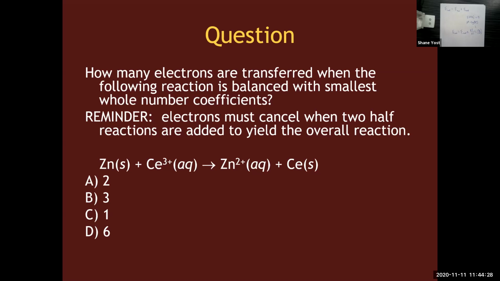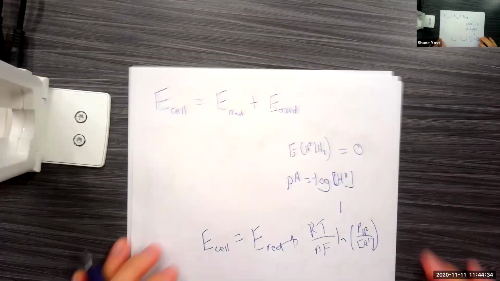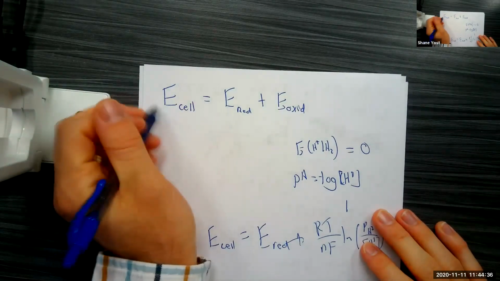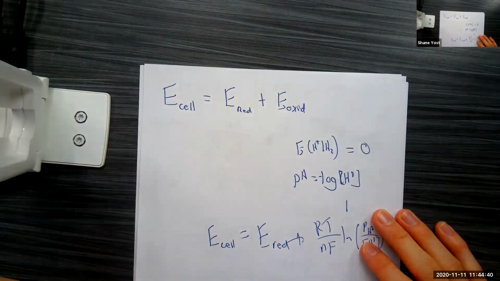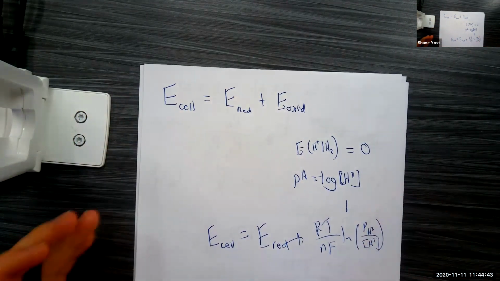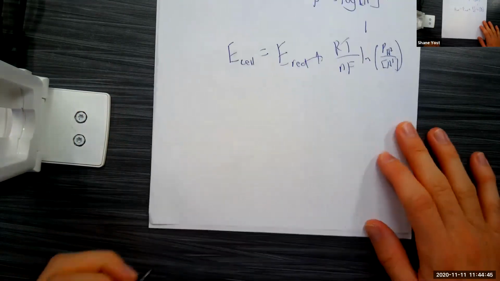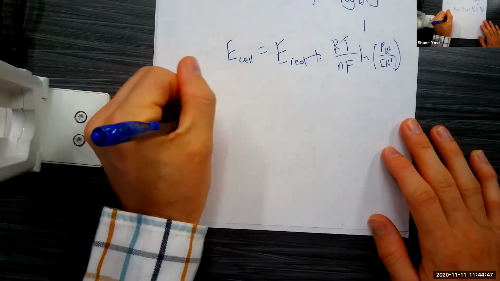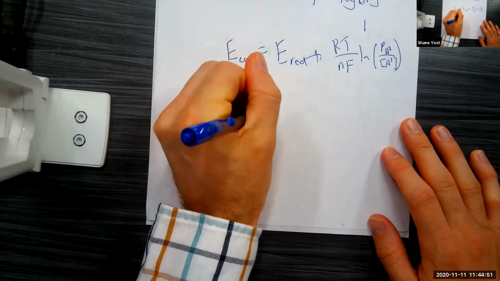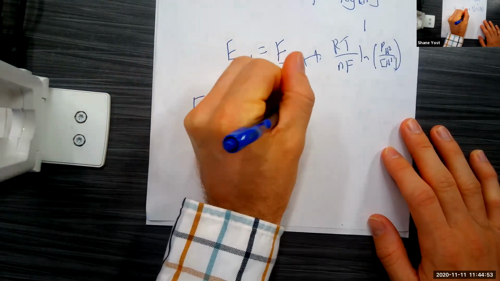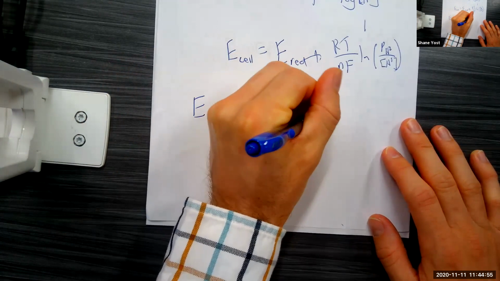I didn't have it written in the slides, but we've essentially talked about it: the overall cell potential is related to the reduction cell potential plus the oxidation half reaction cell potential. Now, another version of this equation is written as E cell equals E cathode minus E anode.